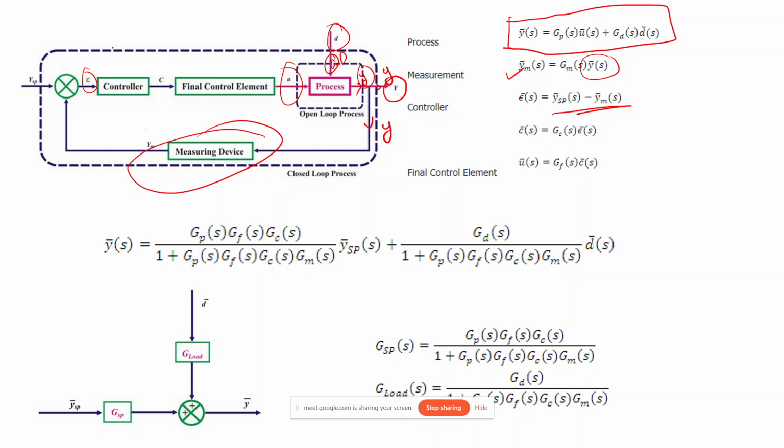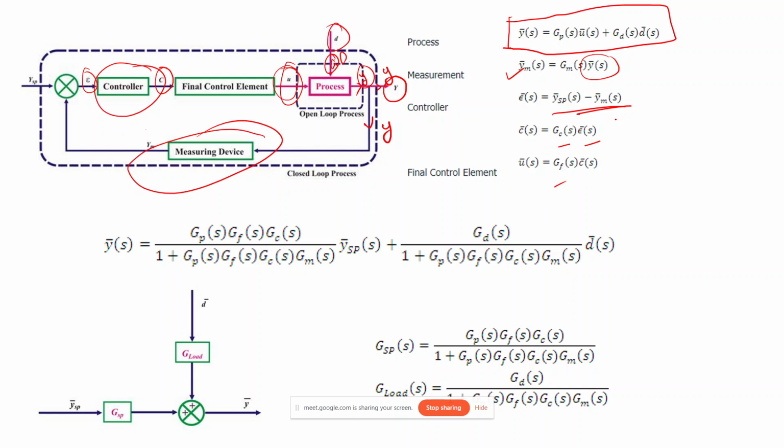Then we will have this controller, which will give us this control action C. So the control action we can write as C(S) equals GC(S) times the error. And then the final control element will take the control action that has to be implemented by the process. If the transfer function of the final control element is GF, its output U will be GF times C.